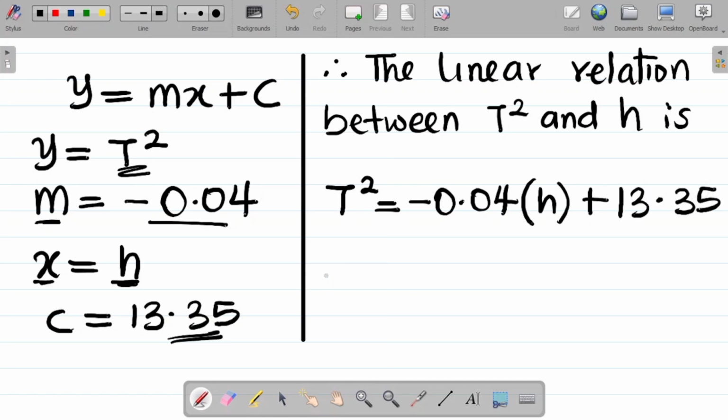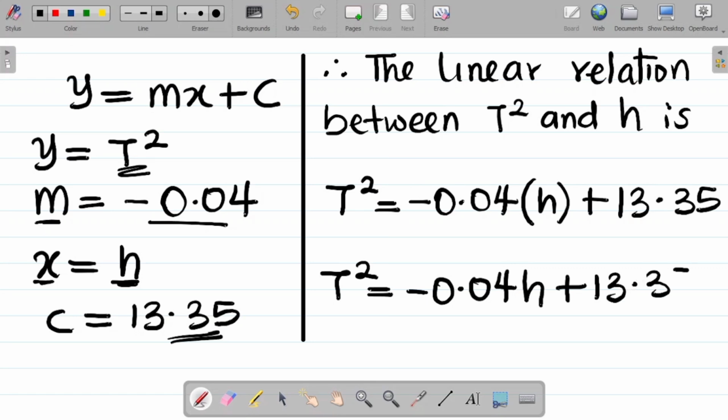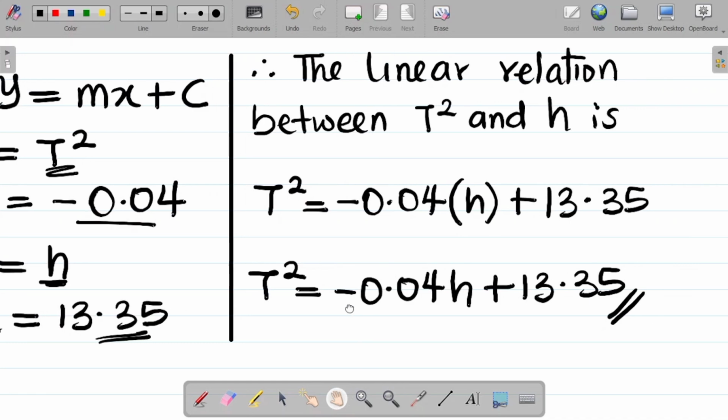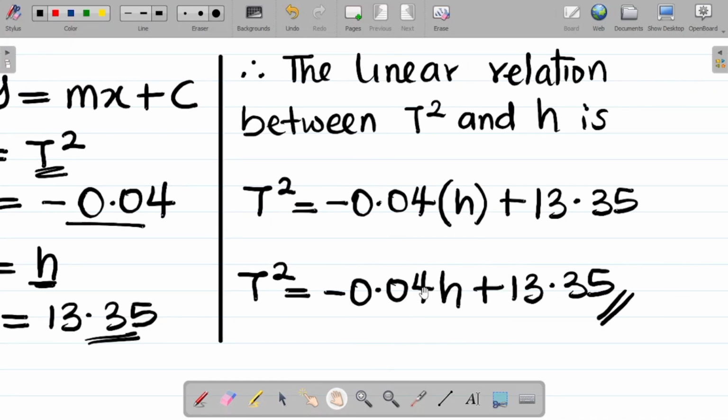If I expand this, I would have that t squared is equal to minus 0.04 h plus 13.35. So hence this becomes the linear relationship between t squared and h.